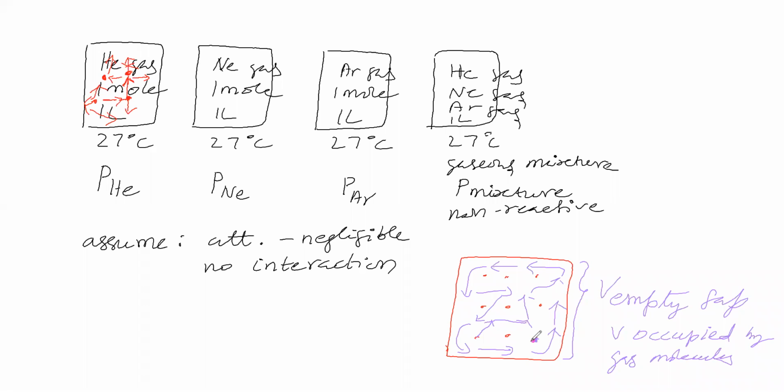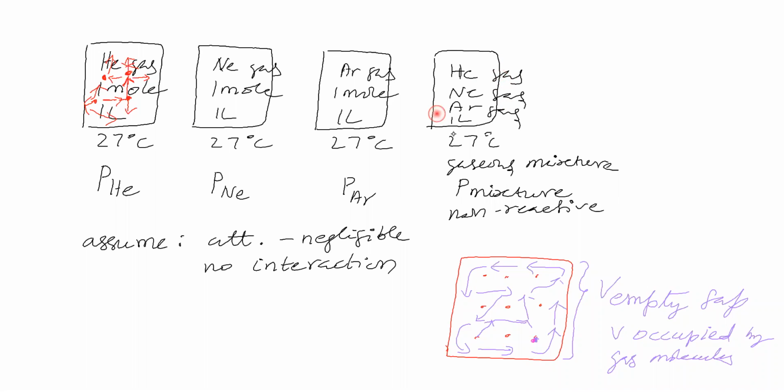Using that point you come to an idea: here helium molecules are there, and here also helium molecules are there. Here it is an individual gas, but here it is not an individual gas, a mixture of gases is there. Though it is a mixture of gases, among the gaseous molecules there is no reaction.